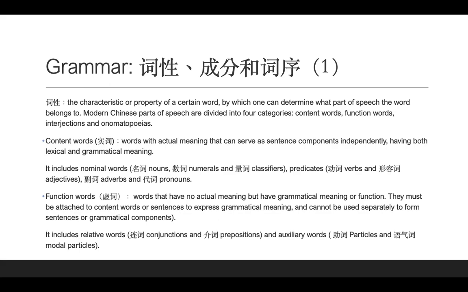So all these questions and analysis, they are based on this 词性.